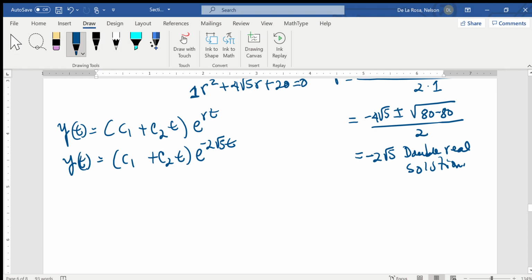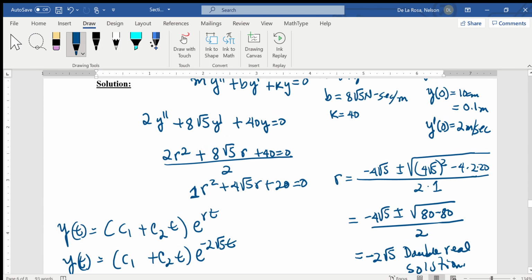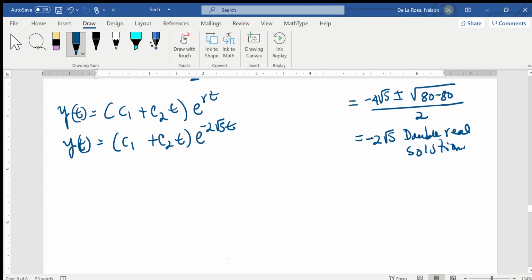Then we're given two conditions, the conditions of the initial value problem: y of 0 is equal to 0.1 meters, and y prime at 0 is 2 meters per second.